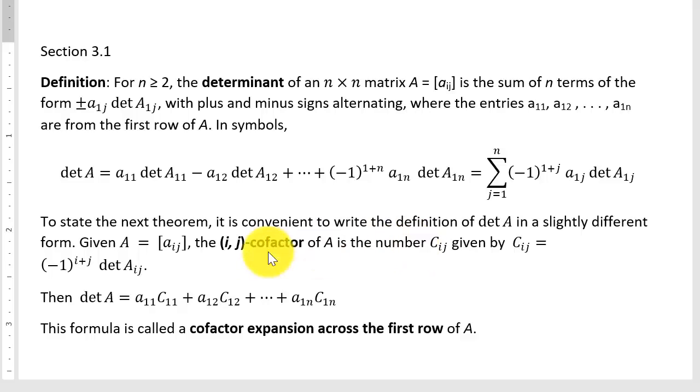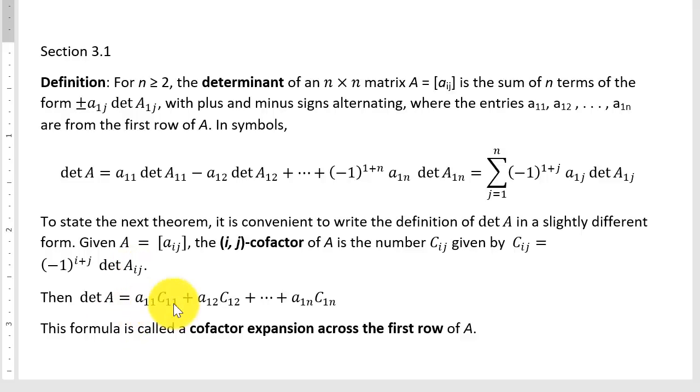Now, we can rewrite this formula a little bit neater if we define a function for the cofactor. The cofactor function is going to be given by -1 raised to the i plus j times the determinant of the ij minor matrix, and that's going to be the matrix when we cross out the ith row and jth column.